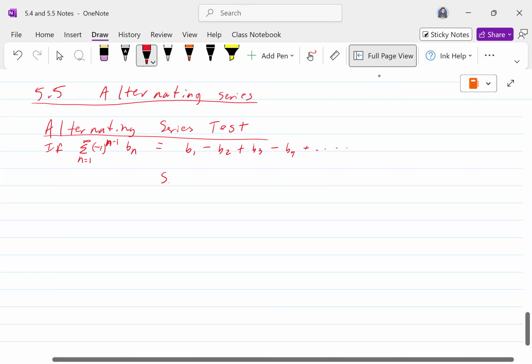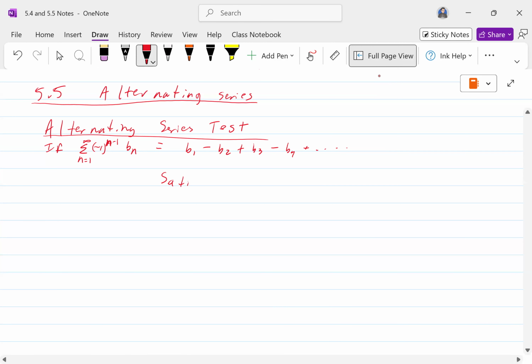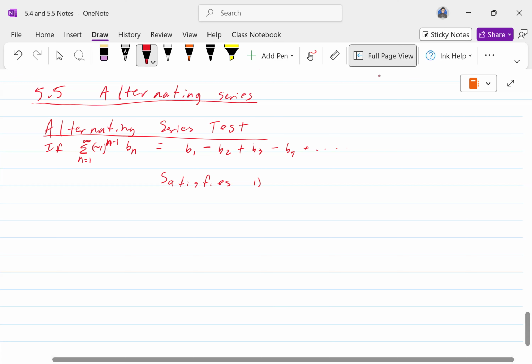If this series satisfies the following two conditions, then the series is convergent. The first condition is that the terms have to be decreasing, or b sub n plus 1 is less than or equal to b sub n for all n. It must be decreasing.